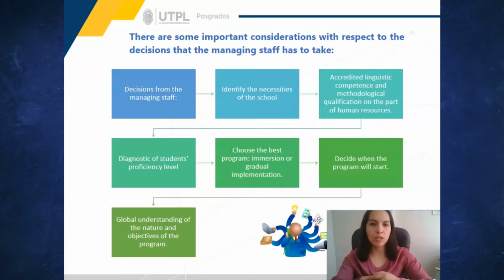The ideal context would be one in which the program starts in the earlier stages, that is, in infant education. Finally, there should be a global understanding of the nature and objectives of the program by all teachers in the school, whether they are part of the bilingual program or not.